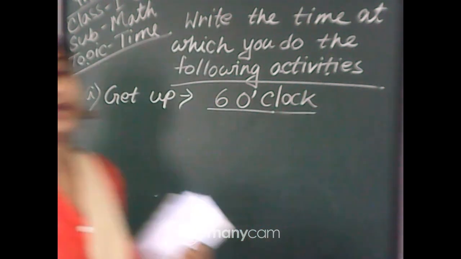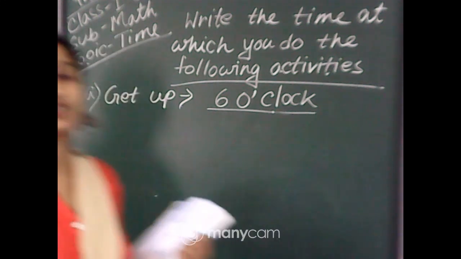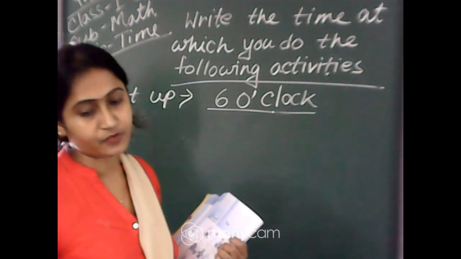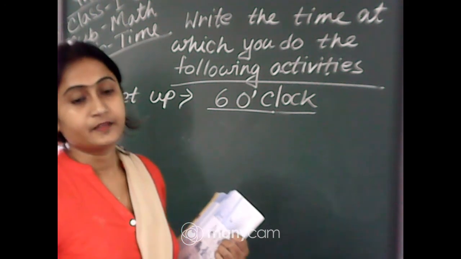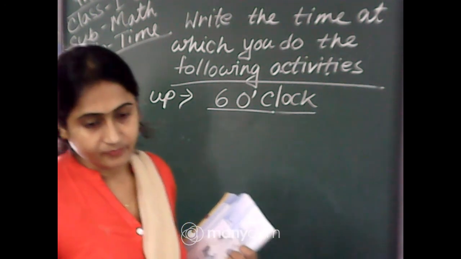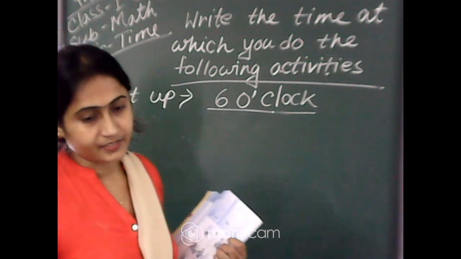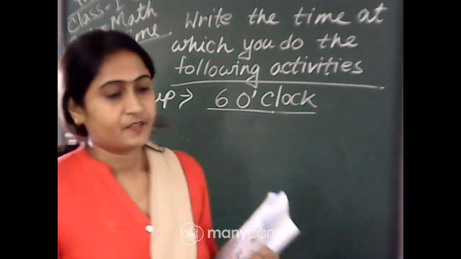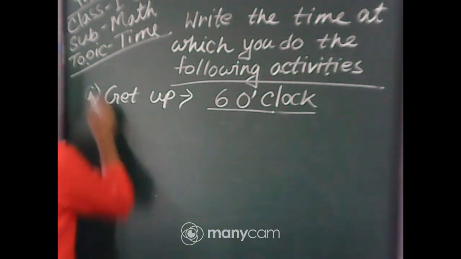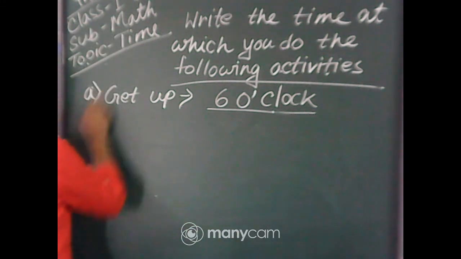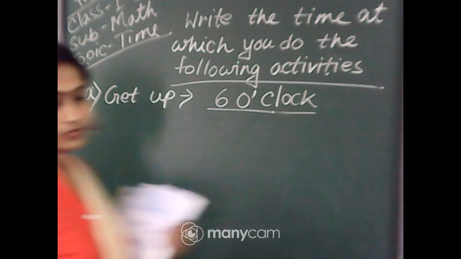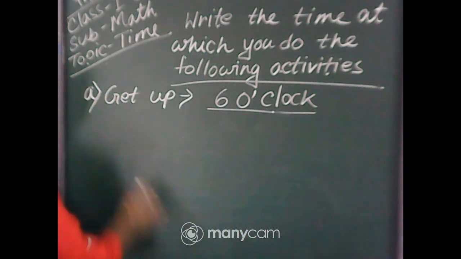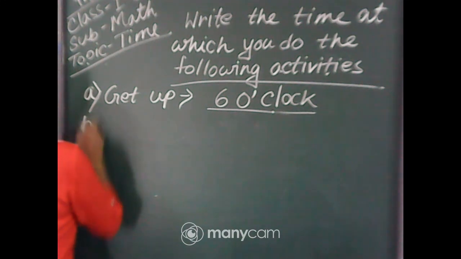If you get up at 6:30, you can write 6:30, no problem. But when school opens, you cannot wake up at 7 o'clock, right? So we should go to bed early and rise early. Early to bed and early to rise. Okay, so 6 o'clock.